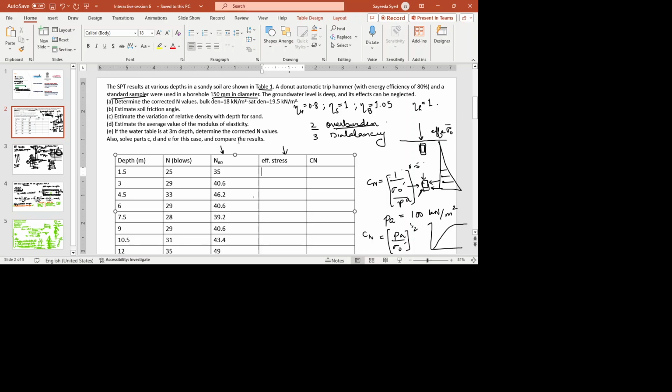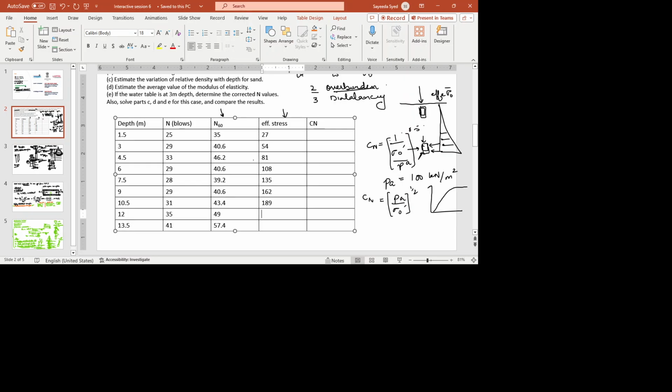So it will be 18 into 1.5, 27, 54, 81, 108, 135, 162, 189, 216, and 243.